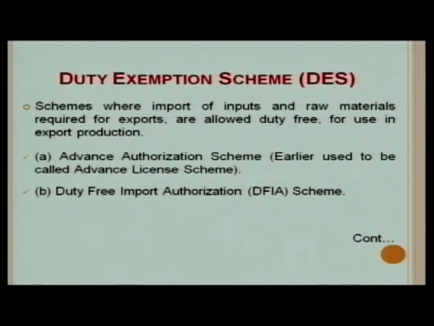Duty exemption scheme. Under these schemes, the import of inputs and raw materials required for exports is allowed duty free for use in export production. And there are two types of schemes under DES: the advance authorization scheme, earlier called the advance license scheme, and the duty free import authorization, DFIA scheme.